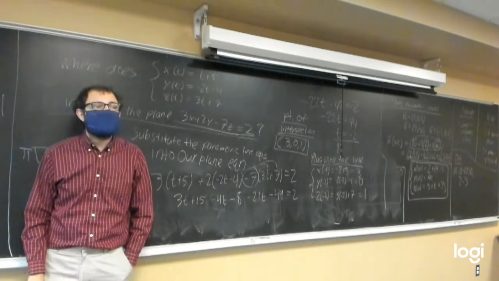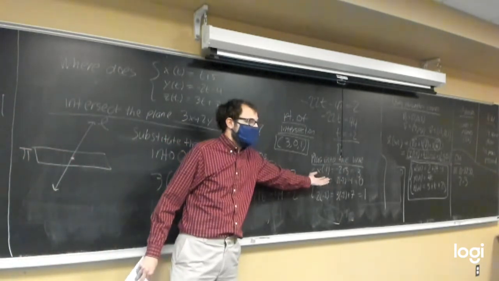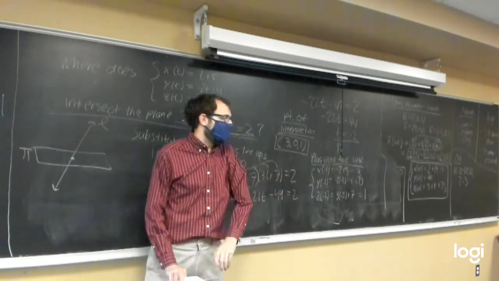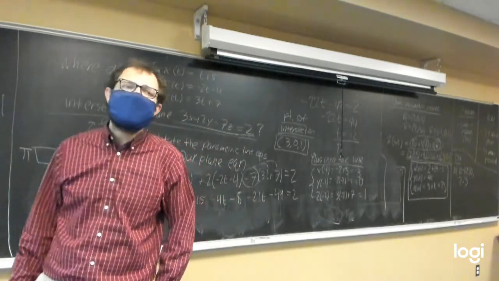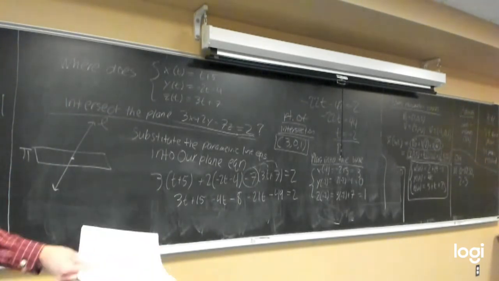So we know 3, 0, 1 is clearly a point on our line, because that's what we got when we plugged in t equals -2. Is there any quick way that we could check to see if 3, 0, 1 also lies on our plane, just to make sure we did everything correctly? We've reached the end of the problem, but it'd be nice if there's a quick way to check, is this also going to be on the plane?